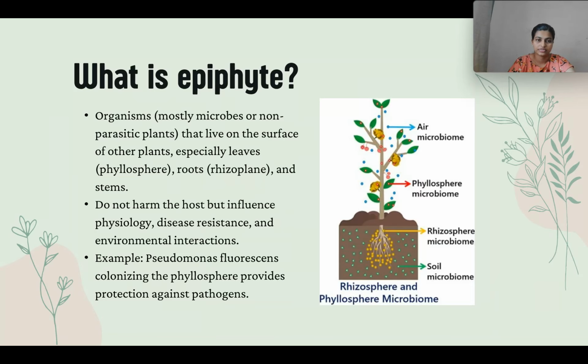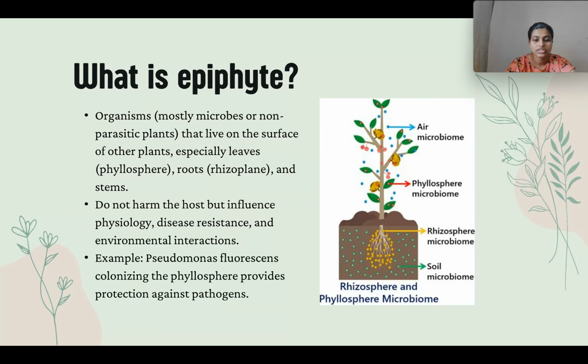Next is epiphytes. Epiphytes are organisms that live on the surface of plants, especially on leaves, roots, and stem. They do not harm the host, but they influence plant physiology, disease resistance, and environmental interactions.